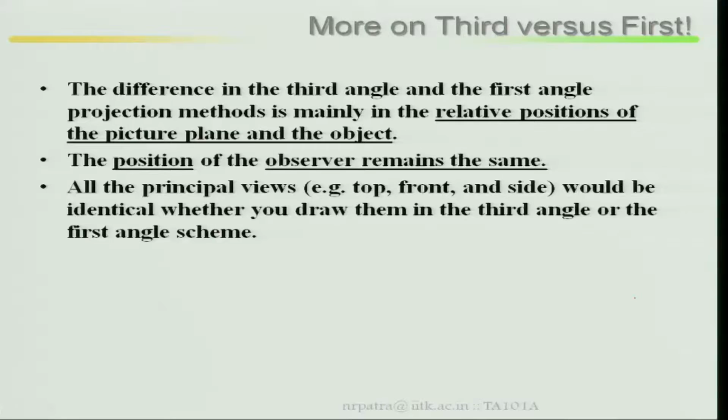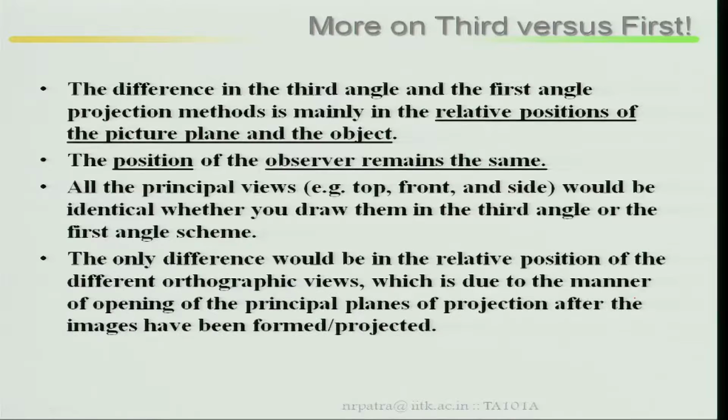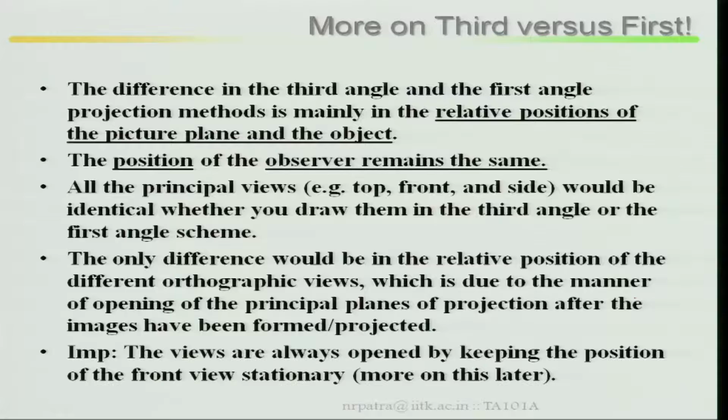All the principal views, that means top, front and side, would be identical whether you draw them in third angle or first angle scheme. The only difference would be in the relative position of the different orthographic views, which is due to the manner of opening of the principal planes of projection after the image has been formed or projected.